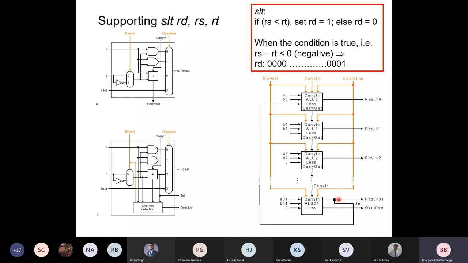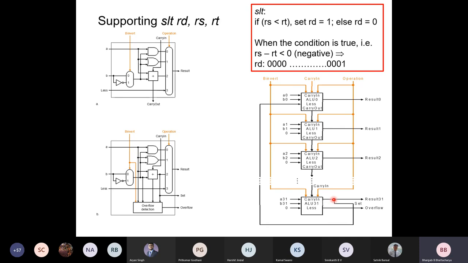So in my hardware, I just use this bit and go to the first one, the 0th one, because I need to set the least significant bit here, right? So I'm going to pass this bit here using this input line. See, there is an extra input line in this module, which is marked as less.